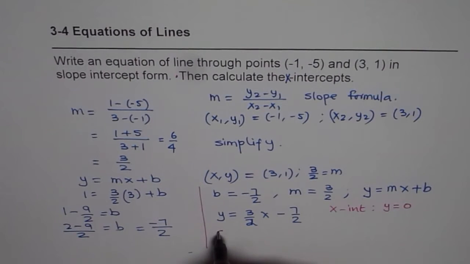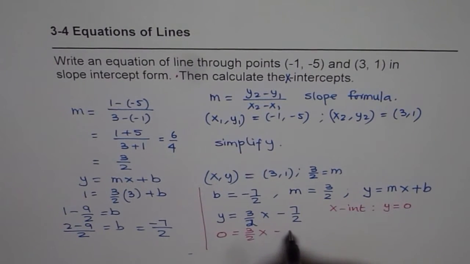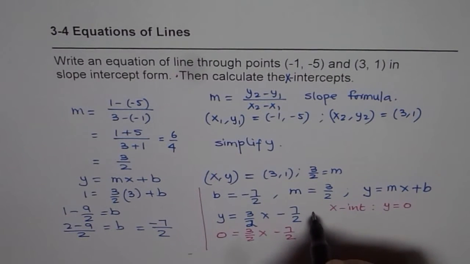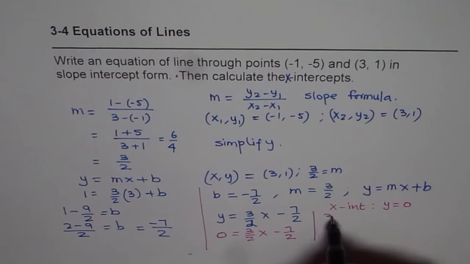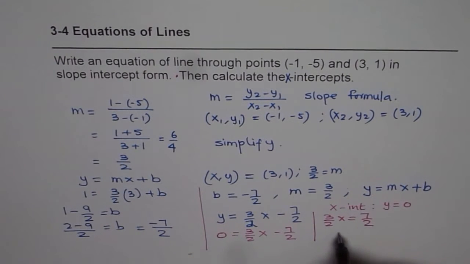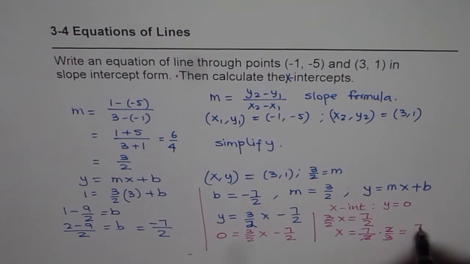So let's do it. We'll substitute 0 for y, then we get 0 equals 3 over 2 x minus 7 over 2. Now that gives us 3 over 2 x equals 7 over 2, or x equals 7 over 2 times 2 over 3, and that is 7 over 3.